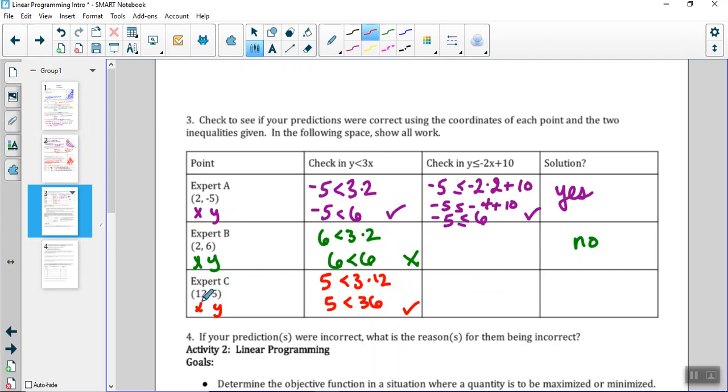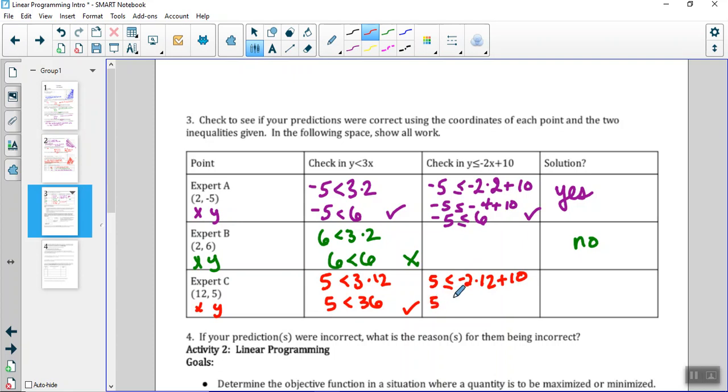Okay, let's check (12, 5) in the next one. So y is 5, is less than or equal to -2 times 12 plus 10.